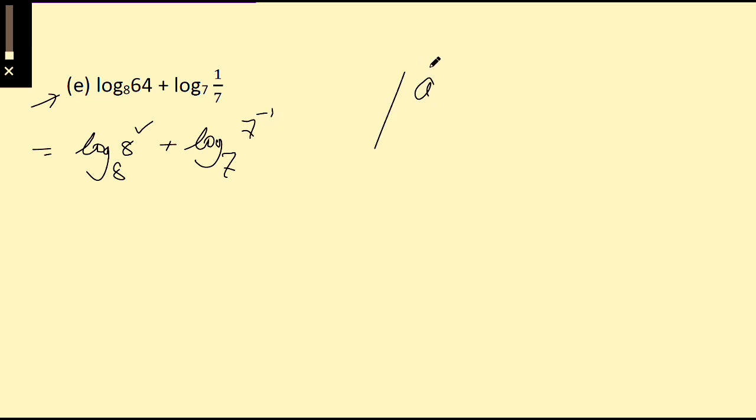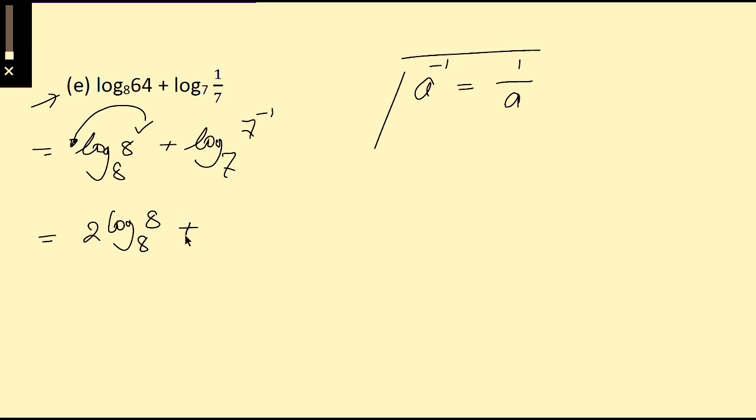As we know, a to the power minus 1 equals 1 over a. So here we should take the power from the argument, then it will come in front of log, it will become 2 times log 8 to the base of 8 plus, here minus 1 also will come as a coefficient of log, then we will have log 7 to the base of 7.